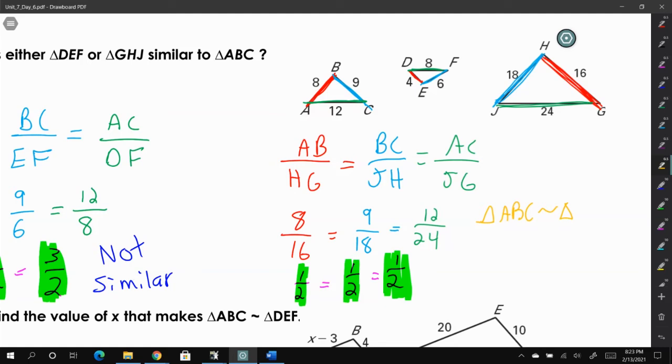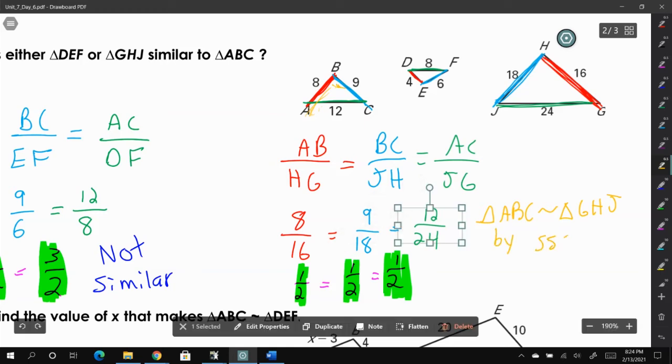So AB is my red line here, and A touches the green side and B touches the blue side. So we got to do the same thing over here. So we got to go GHJ. And we got to say by side similarity.